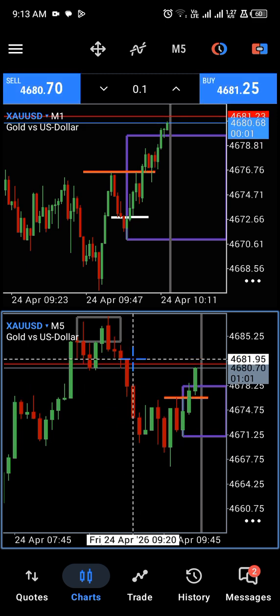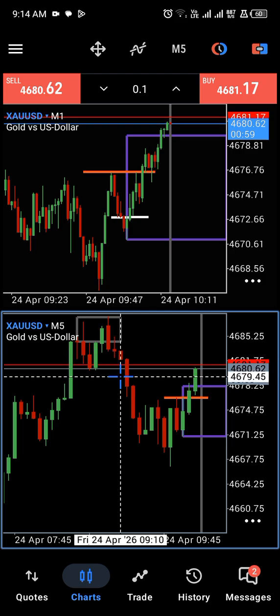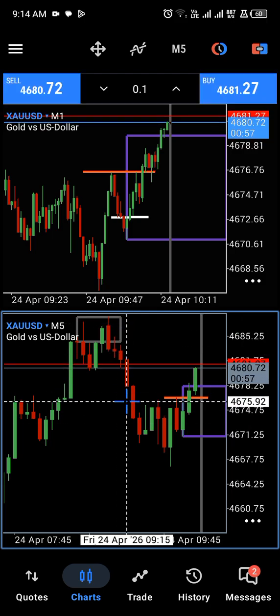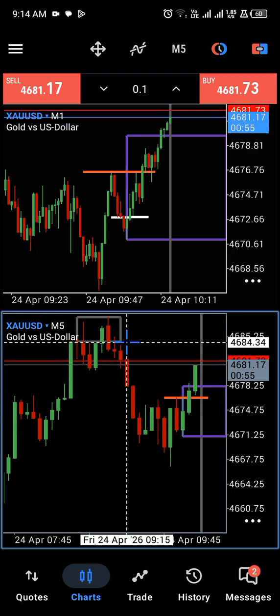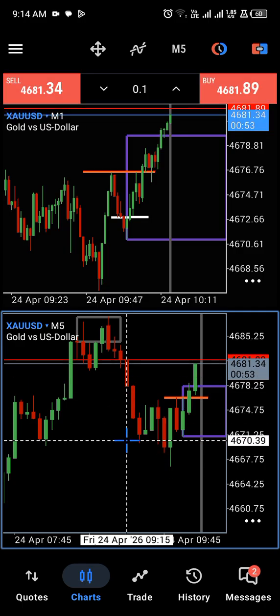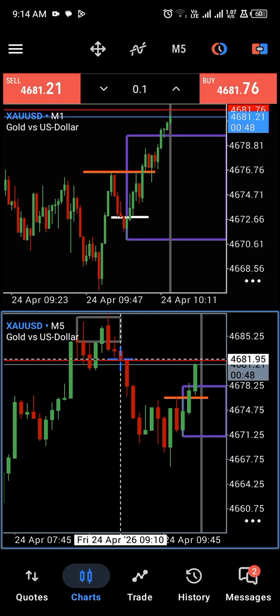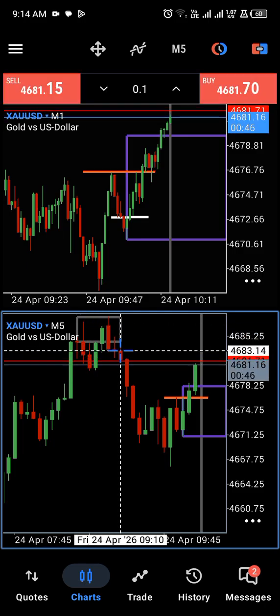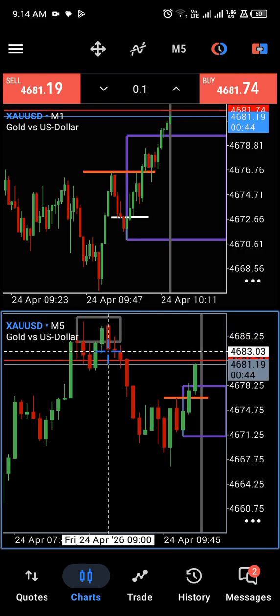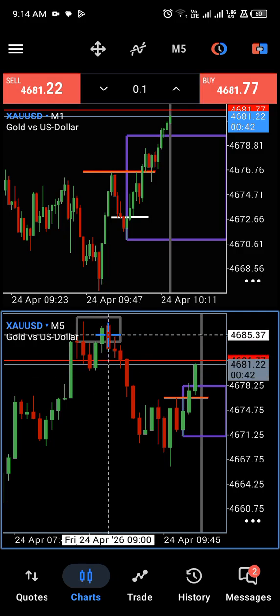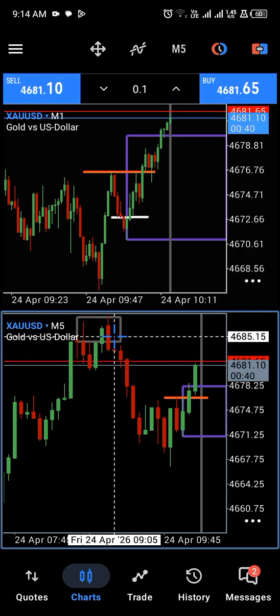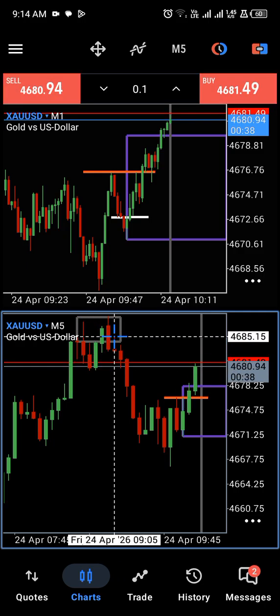So this bearish impulse that happened here, we can see there's a strong area. This was a very powerful moment for both buyers and sellers. So this is an area whereby buyers were strongly outcompeted.